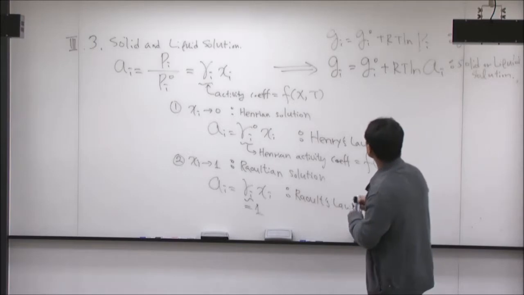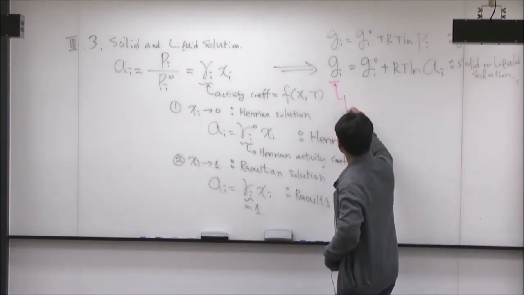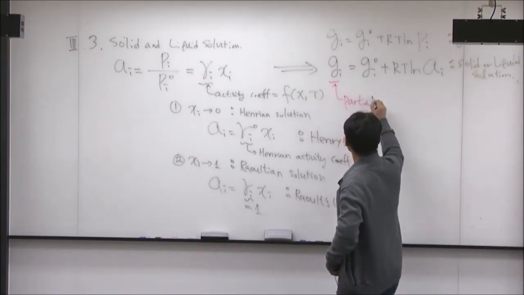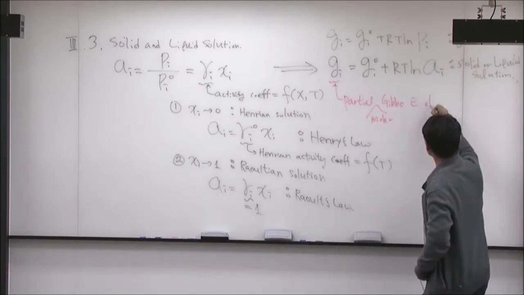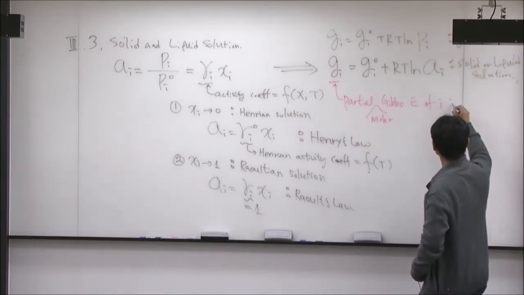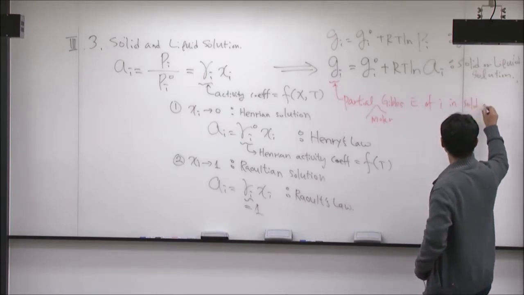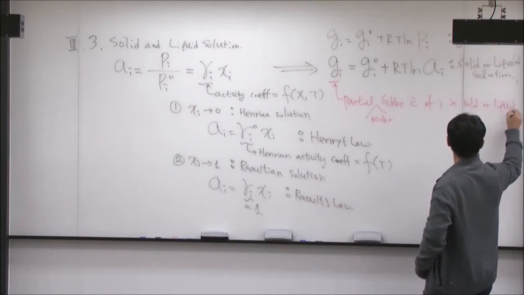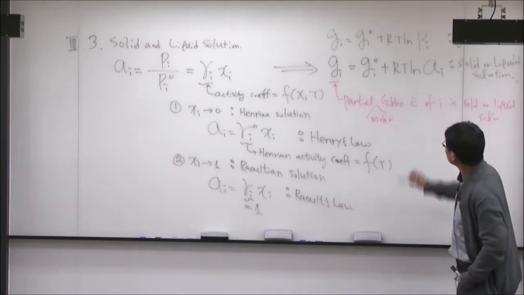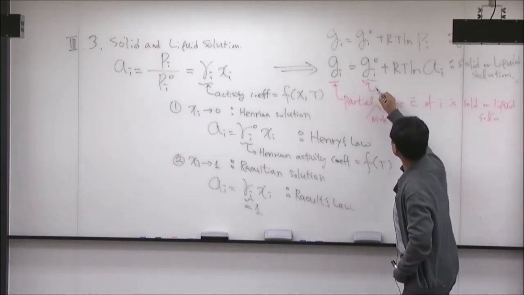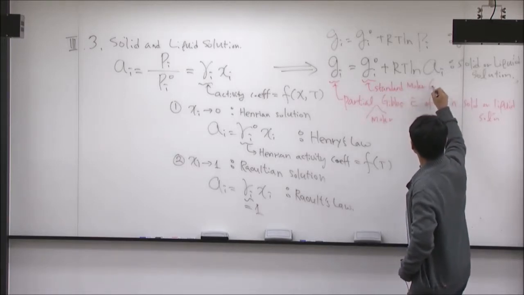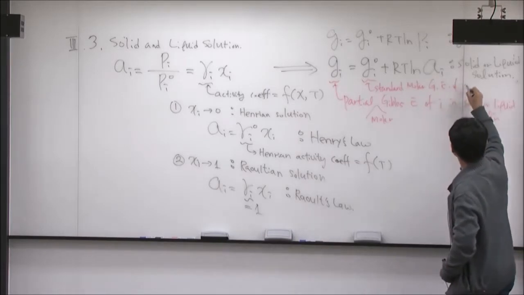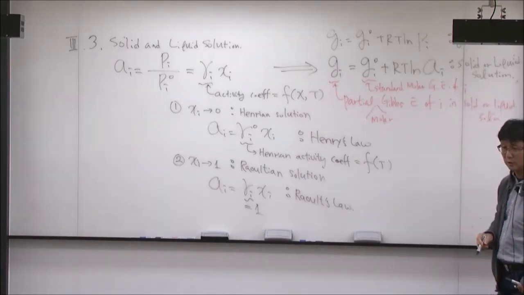Here, this one was the so-called partial molar Gibbs energy of I species in the solid or liquid solution. And this is, of course, the standard Gibbs energy of I species, either in solid or liquid state.